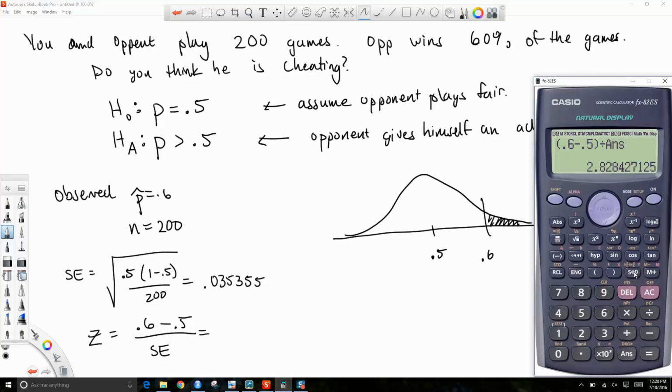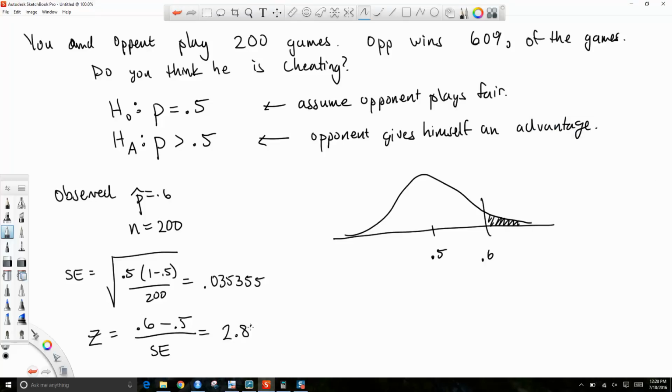And so my z-score is 2.83. I'm 2.83 standard errors away from the mean. So what we observed seems quite different from what we expected. Right? This time 60% seems to be quite different from 50%.